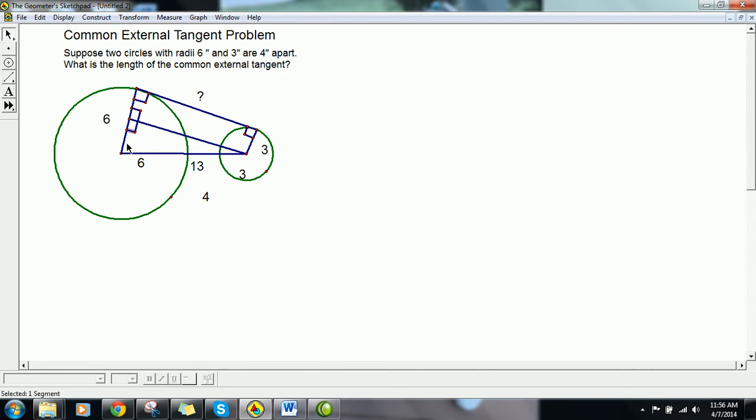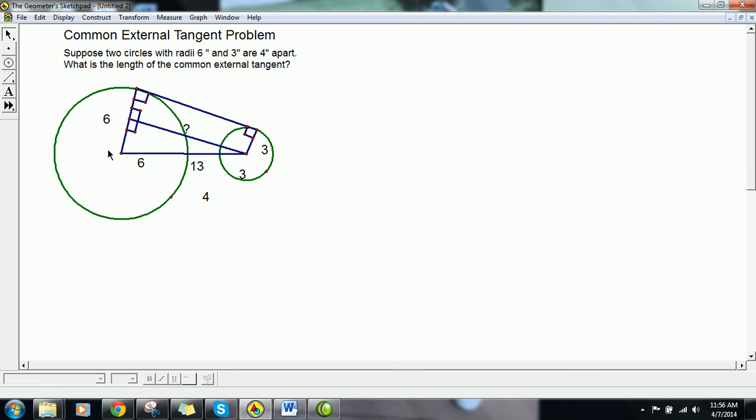Really what I'm going to use to solve this problem is this right triangle that I created from this diagram. I know that this piece right here is 13. It's the side across from the 90, the hypotenuse. I'm looking for this piece right here, which is the same as the length of the common external tangent. That's a rectangle, so those two lengths are the same. The question mark here is the same as the length of the opposite side of the rectangle that I created.